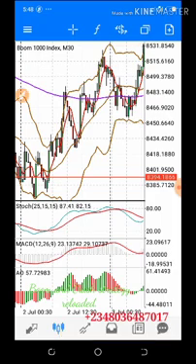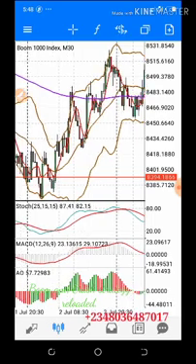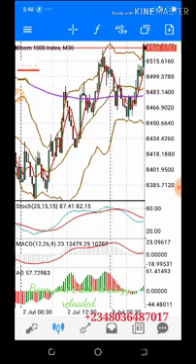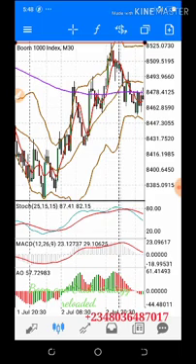At this point you can see it's on a resistance zone, because it broke this resistance a little bit, but it's now on the resistance level.